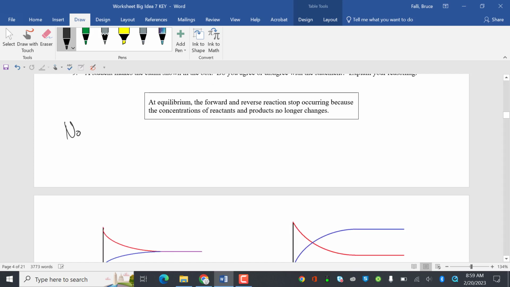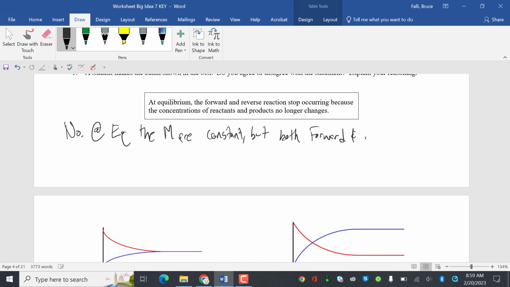No. At equilibrium, the molarities are constant, but both forward and reverse reactions occur at the same rate.